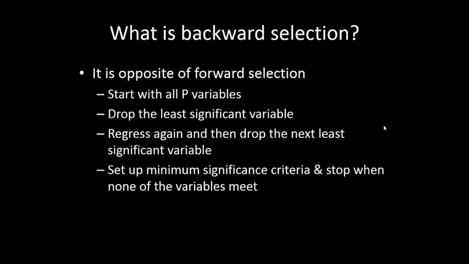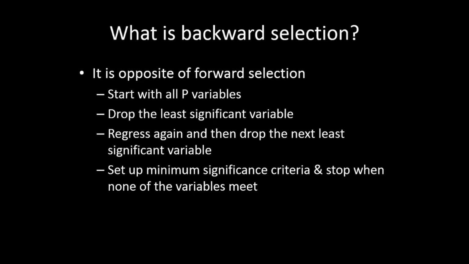We start with all p variables, and then we do the regression, and you will see that a number of variables out of these p variables are very less significant, right? So we again set a cutoff score. Let's say the p-value cutoff is again 0.05.